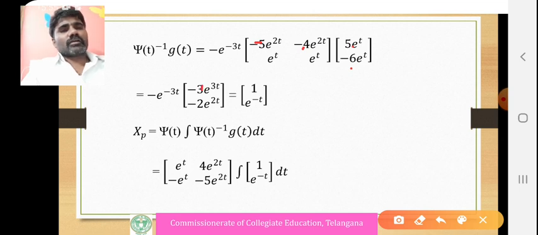This is minus 1, I am sorry, this is not minus 3, it is minus 1. Minus 1 e^(3t), 2t into e^t, it is 3t. And the second one, e^t into e^t is e^2t, 5 e^2t minus 6 e^2t. This is also minus 1, not 2, this is also minus 1.